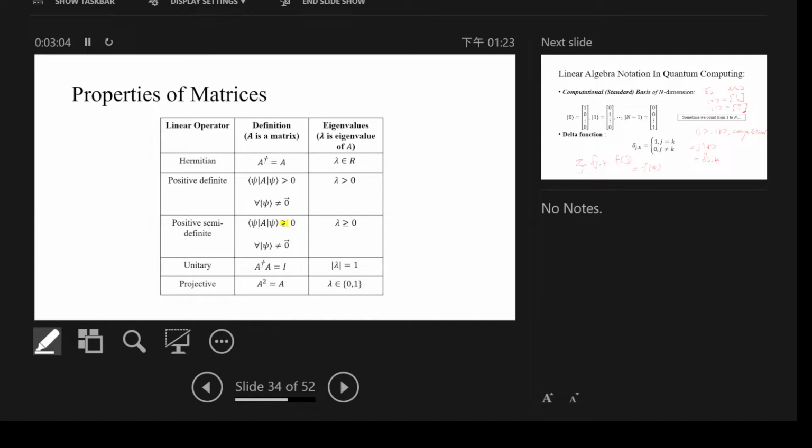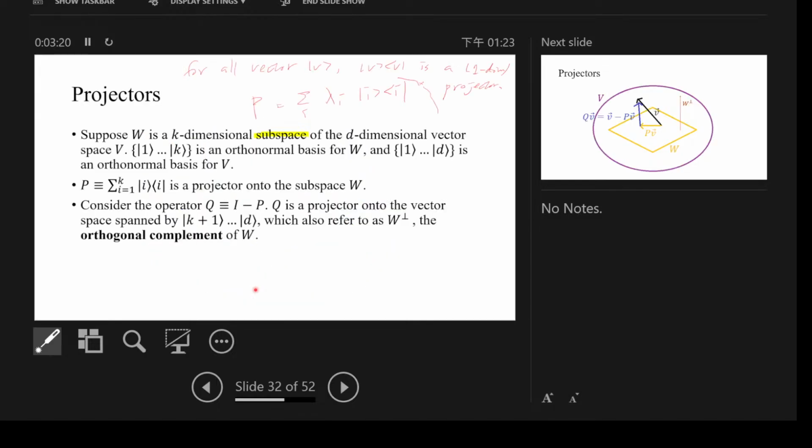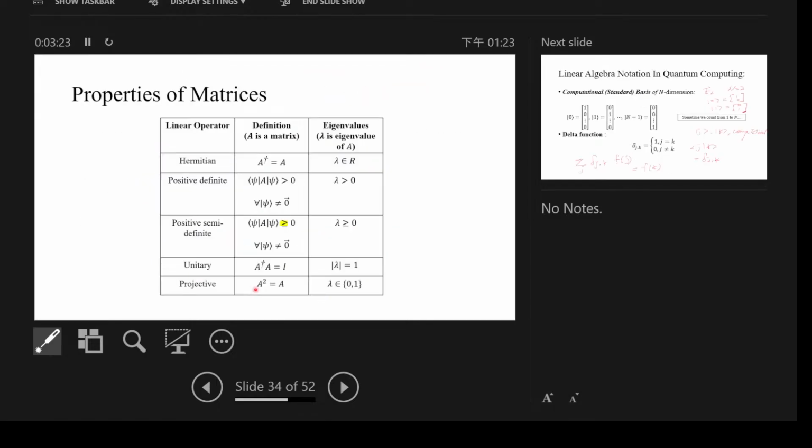And unitary matrix means that its dagger is its inverse, so A dagger A equals identity, and projective means that it squares to A. And by projective, we mean Hermitian projective. Okay? And those operators are actually all normal matrices.